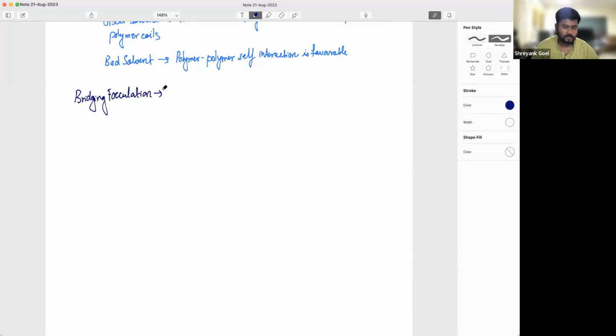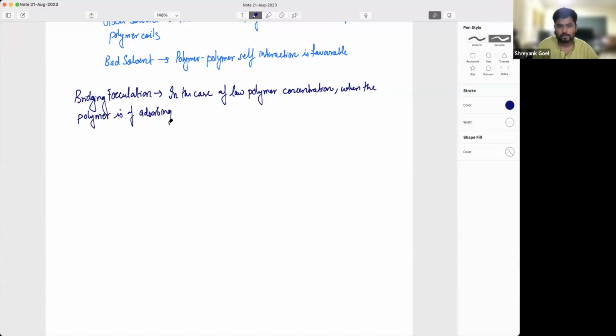Bridging flocculation happens in the case of low polymer concentration, when the polymer is adsorbing, then bridging flocculation happens.